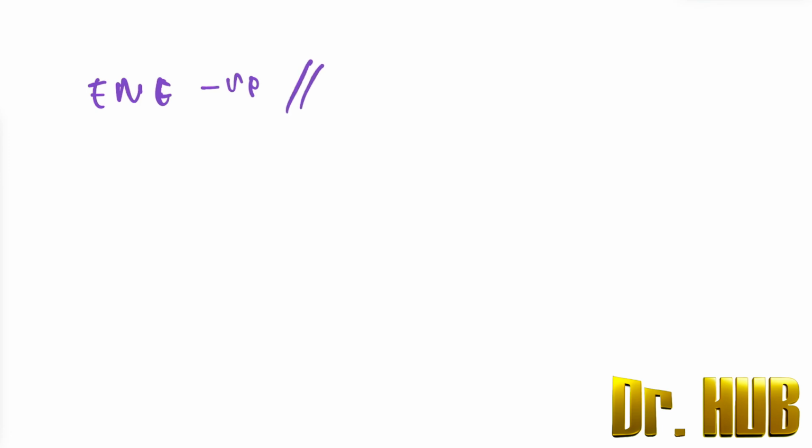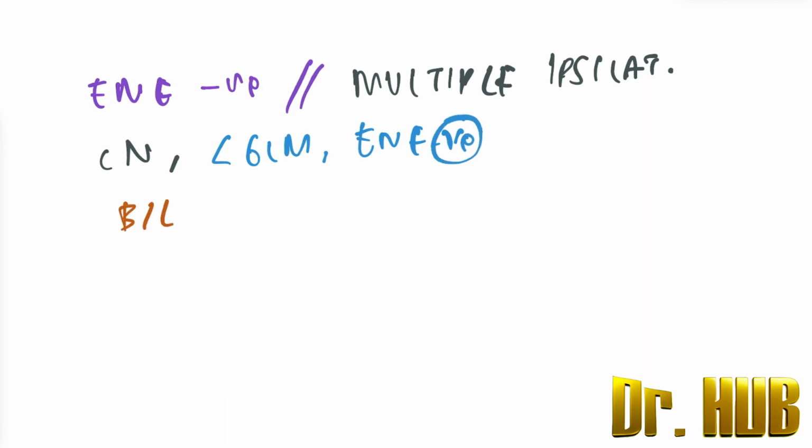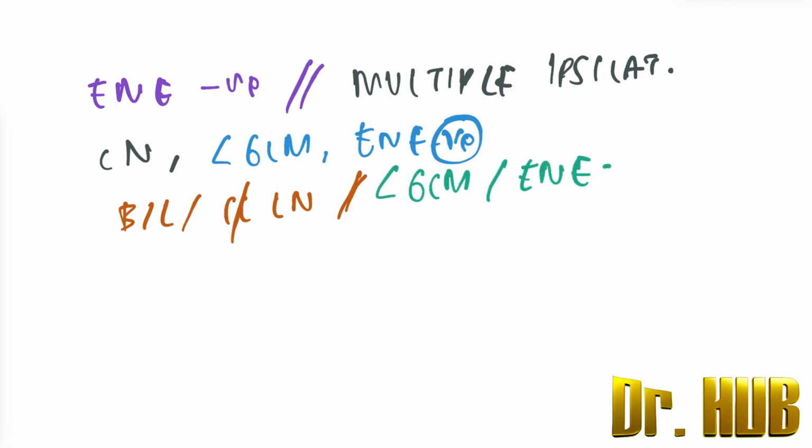Or there are multiple ipsilateral lymph nodes, less than 6 centimeters, and the ENE is negative. Then comes the bilateral or contralateral lymph nodes, less than 6 centimeters, and the ENE is negative.